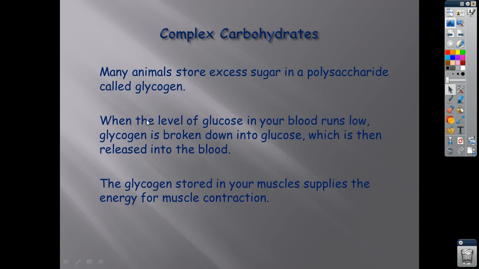So when, let's say, for example, the level of your glucose in your body starts to run low, your glycogen is going to be broken down into glucose. Glycogen, by the way, is stored in the muscle. Excuse me, and your muscles use it for energy when they need to contract and release from movement. So whenever you need to move, obviously, your blood sugar runs low, your body is going to have to compensate.